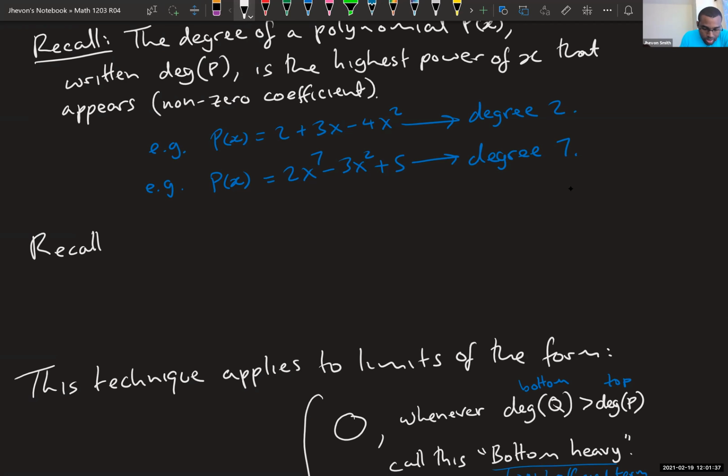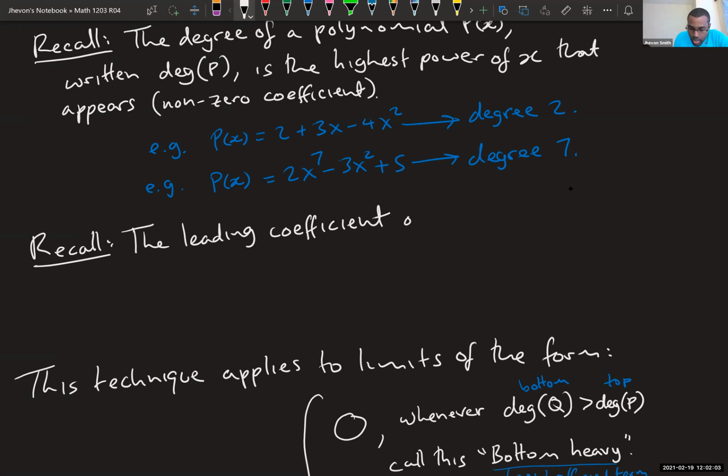Recall the leading coefficient, the guy in the lead. As you are going to realize, it's not always the guy in the lead technically. It's the guy in the lead if you arrange things from highest power to lowest power, but it's just the coefficient of the highest power.